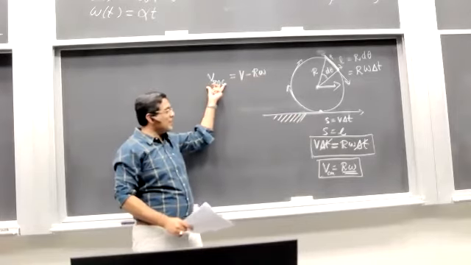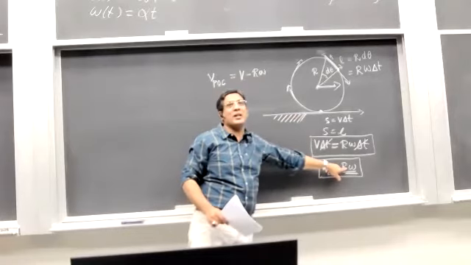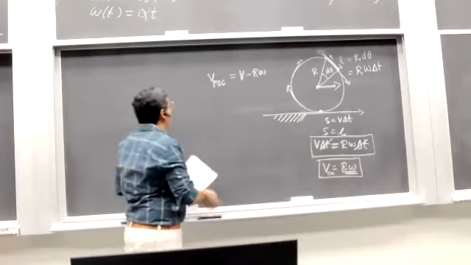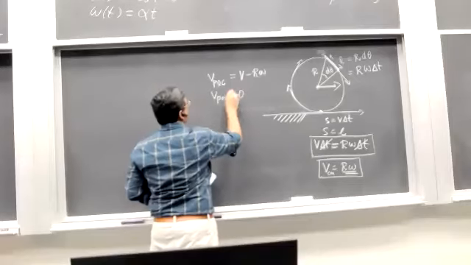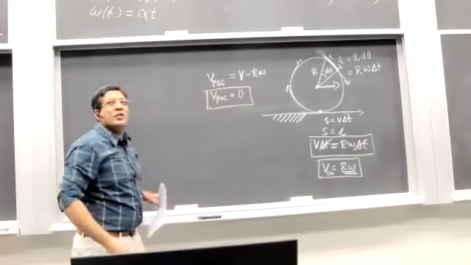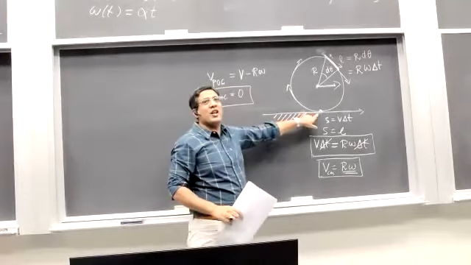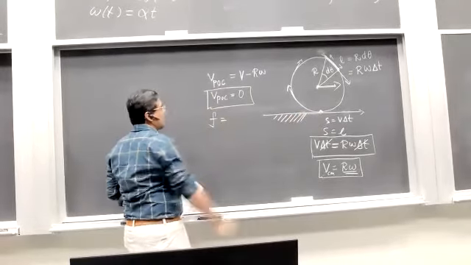And now you see the condition for skidding to stop tells us the center of mass velocity is equal to r omega. So then what is the point of contact velocity? 0. And if the point of contact's velocity with respect to the ground is 0, what about the force of friction? 0.